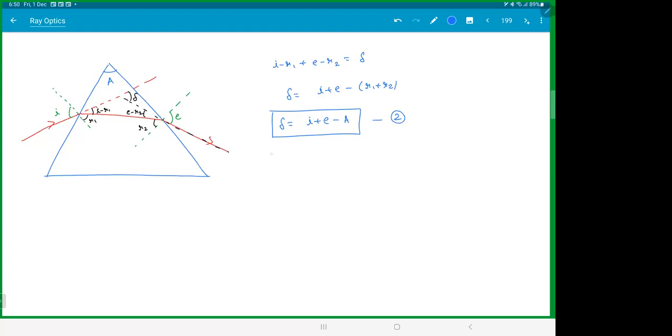And we also know from Snell's law, sin I is equal to mu sin R1, and mu sin R2 is equal to sin E. Now for this thing, when they plot the graph of the deviation delta versus the angle of incidence, the graph comes something like this.